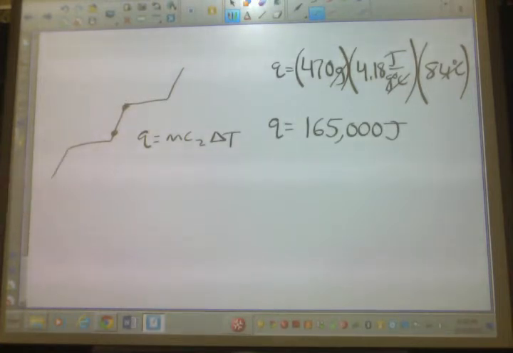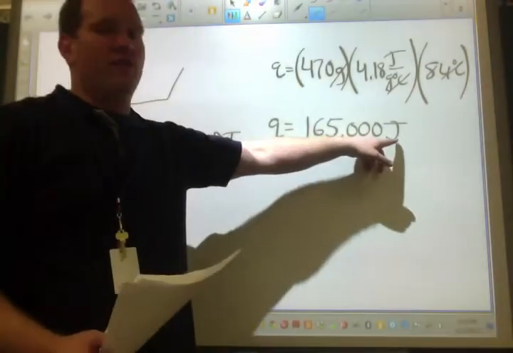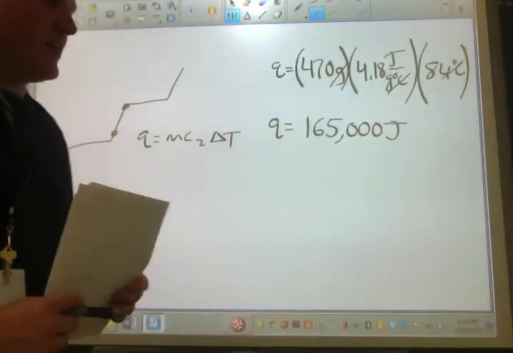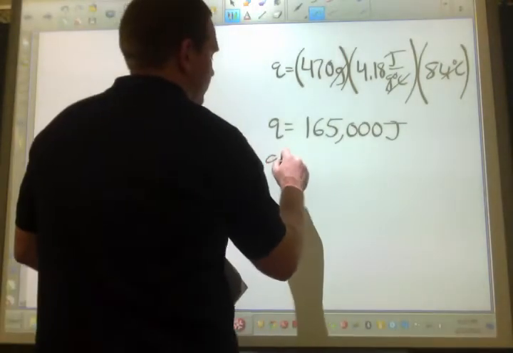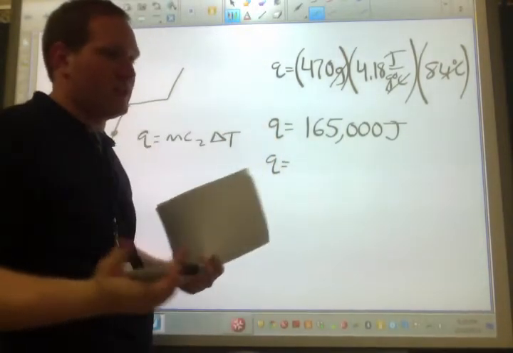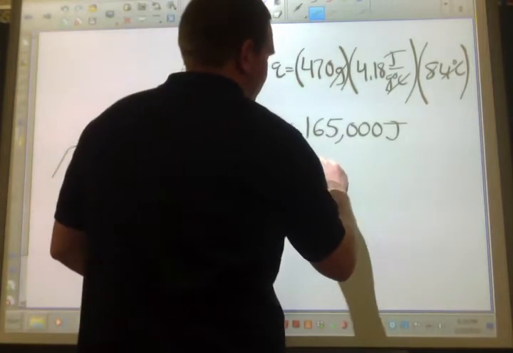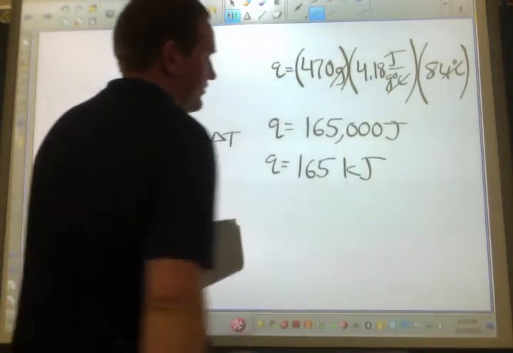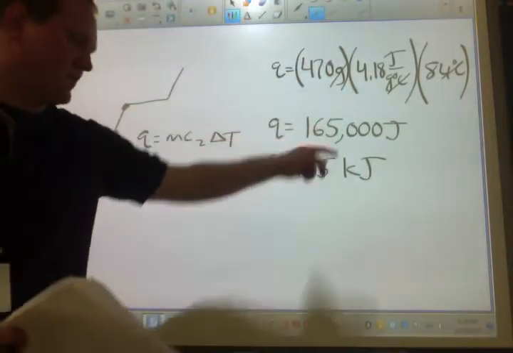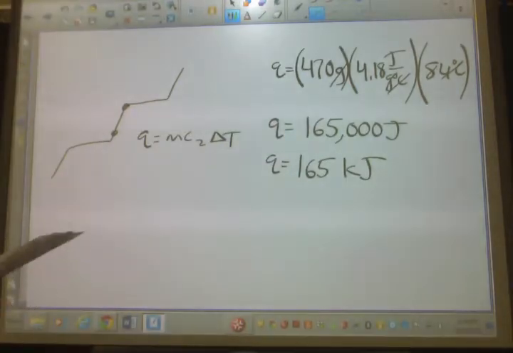Now, what you want to do with this is apply this in our chart, but in the chart, all of our values for energy were in kilojoules. So let's convert this to kilojoules, just so it fits nicely into the data table. 165 kilojoules. Okay, and that's 3 sig figs. So we need to generate 165 kilojoules of energy in order to heat up that cup.